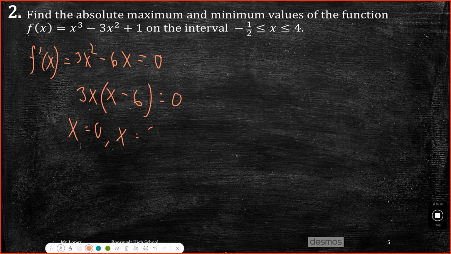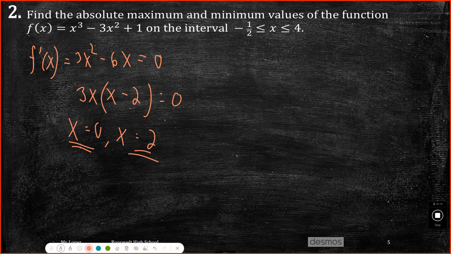So x equals 0, x equals 2. X equal to what? X equal to 2. So these are the inside critical points, no?